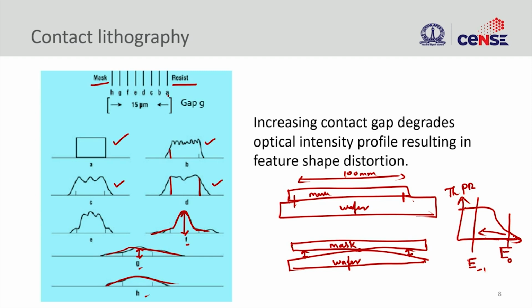Then when you get this kind of a gap, the structures that are present in those parts will not get any exposure at all, right. So in this part you will not have any exposure, and this part you will have very good exposure, and again in this part you will not have any exposure.